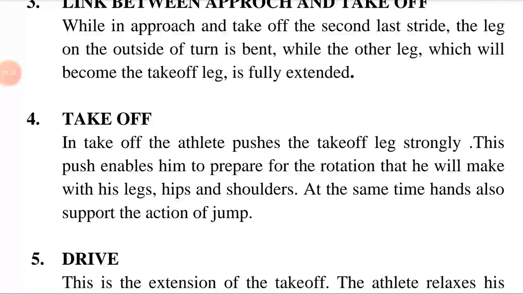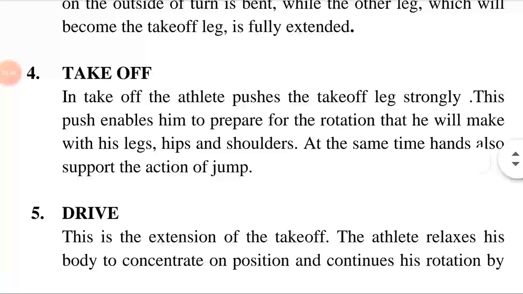Means the leg of the athlete on the outside is bent and the leg on the takeoff plank is completely stretched.